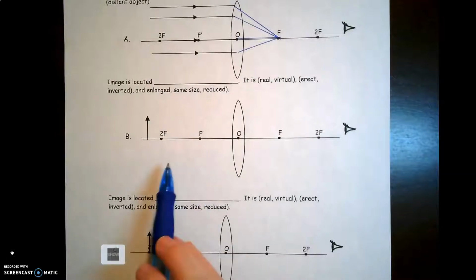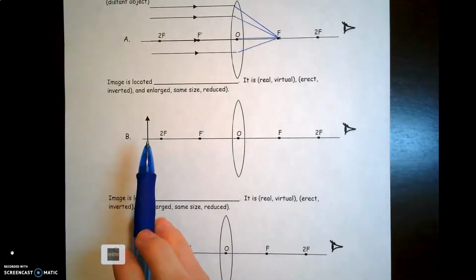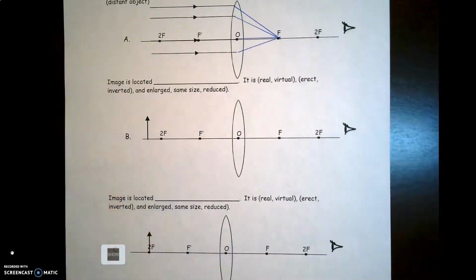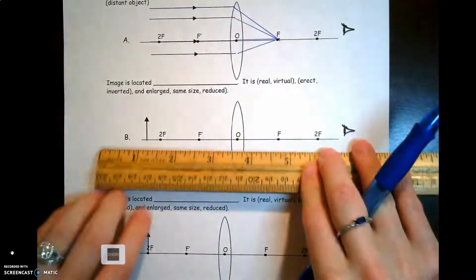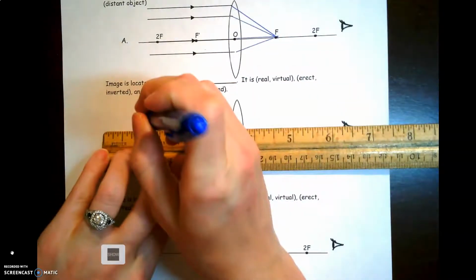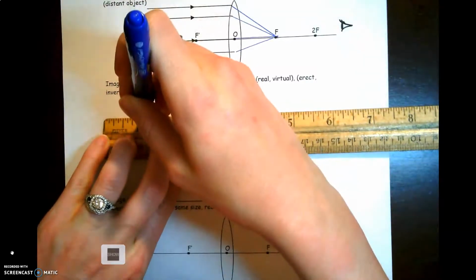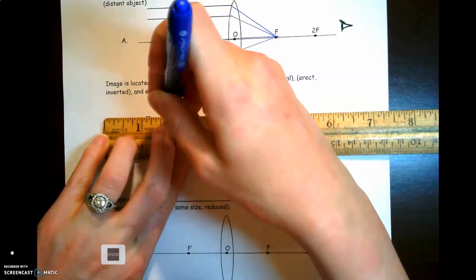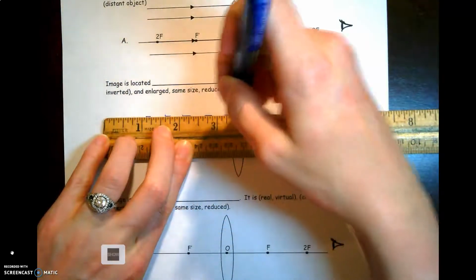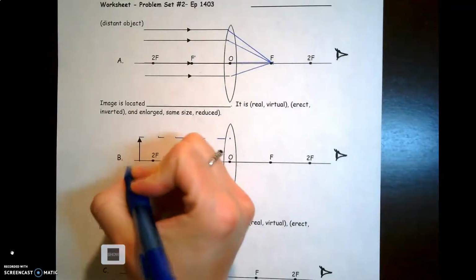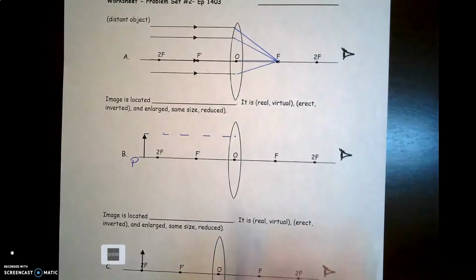So looking at B, we have the image here, and we are going to start at the top of the object like we always do. Then we go parallel to P because that's the first incident ray in the lens. P is that line that is connecting all of those dots. Once you get to the middle of the lens, you stop.